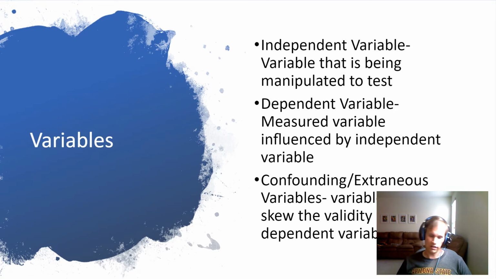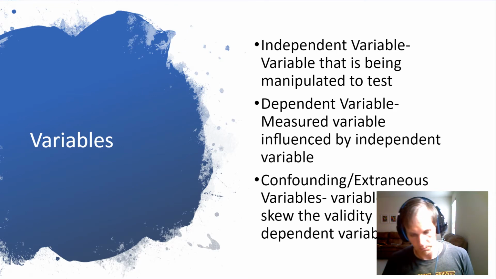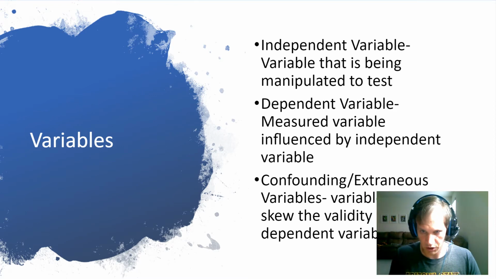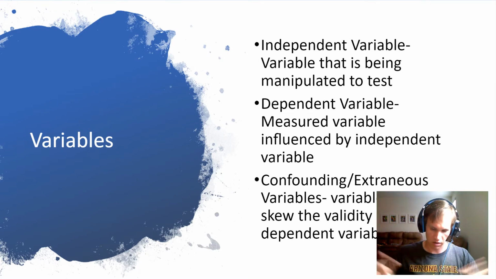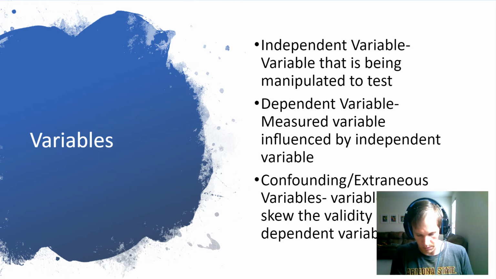If I want to test the effect of the temperature of a classroom on student performance, and I have a good operational definition, so I know exactly what the temperature is and exactly what type of test data I'm looking for.